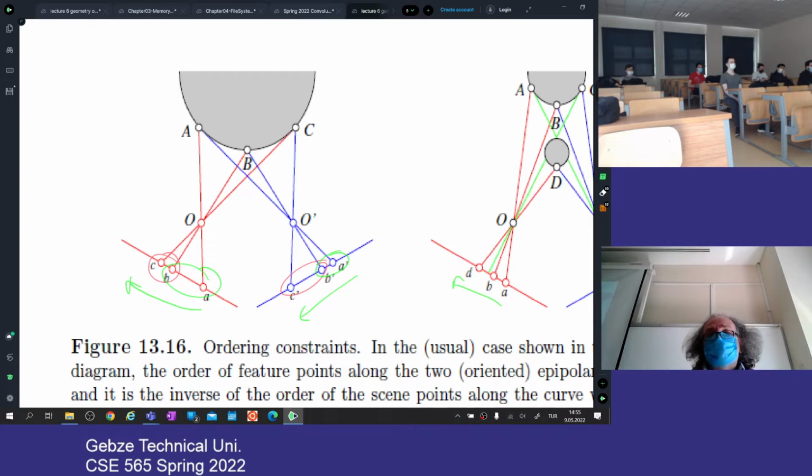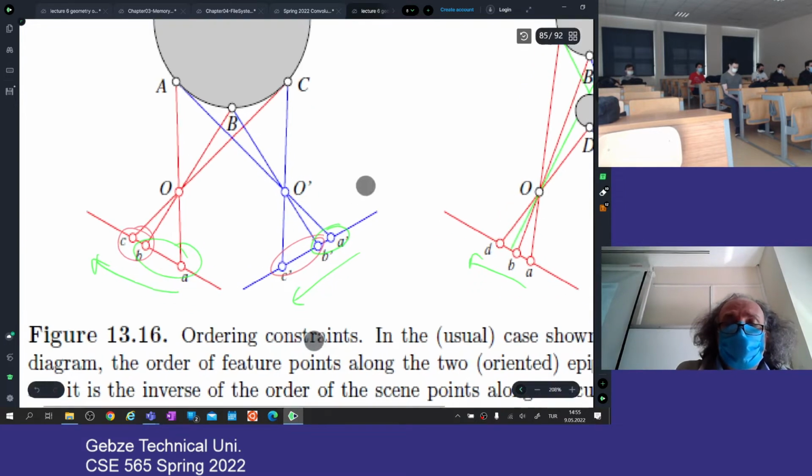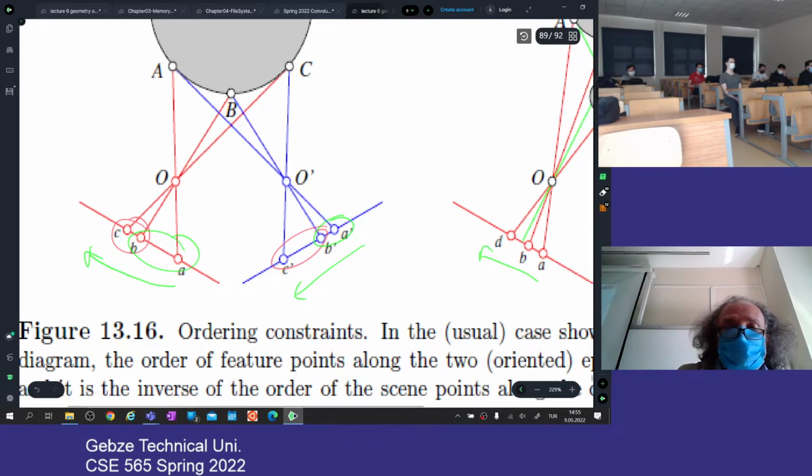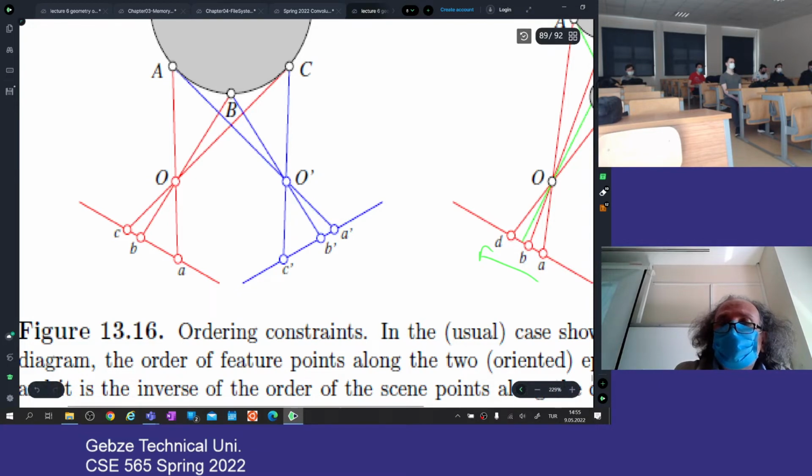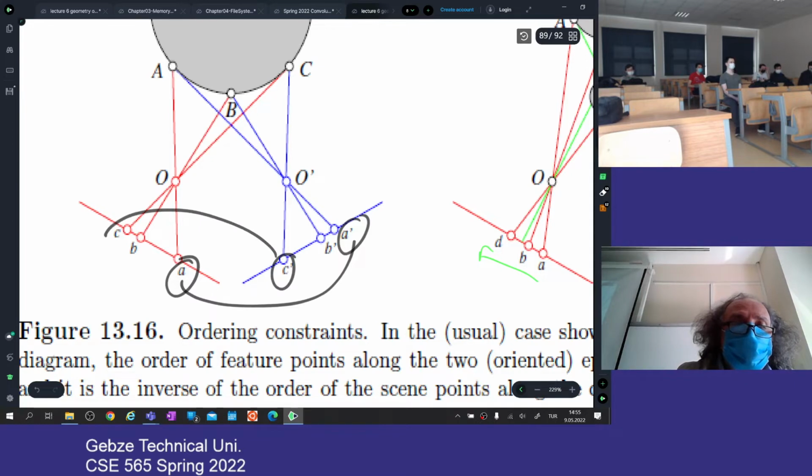So why are we talking about this right now? We are talking about this because if I am going to establish correspondence between left and right images, if I say that A prime corresponds to A, and C prime corresponds to C, I know that B has to correspond to something between C prime and A prime, right?